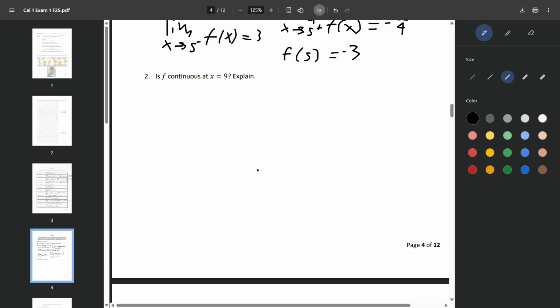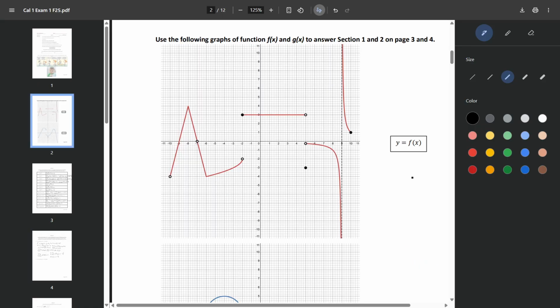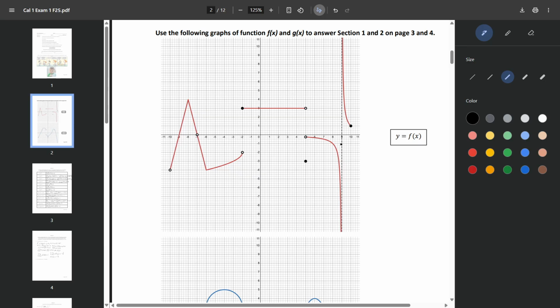Alright, now for our next question. Is f continuous at x equals 9? Explain. So we'll go back to our f of x, and as we could see at this value, the left side of the graph seems to be going to negative infinity, and the right side of the graph seems to be going to infinity.